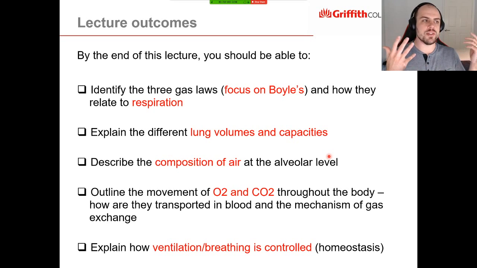There is more oxygen in the alveoli than there is in the blood, and there's more CO2 in the blood moving out. Understand the direction in which those 2 gases are moving, to know the movement of oxygen and CO2 throughout the body.